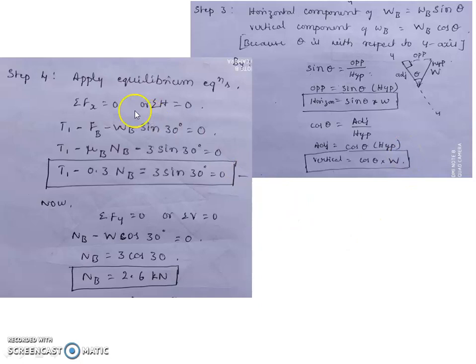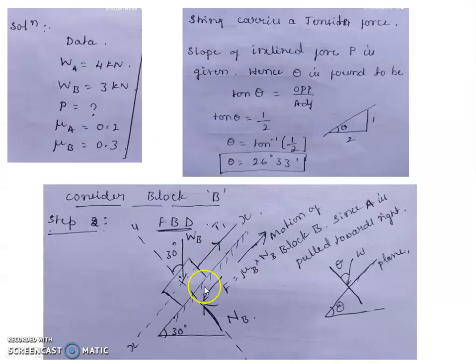Now I will apply equilibrium equations, that is, forces along x direction is equal to 0, or horizontal direction is equal to 0. What are the forces here? Horizontal forces act along this x-axis, which I took parallel to the inclined plane. One is T1, acting towards the right side, hence it is positive. Another is the weight component, which I resolve in the x direction.